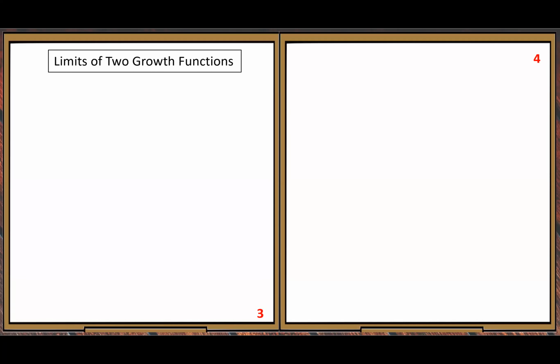First topic: limits of two growth functions. The question: how do we describe limits of two growth functions? Basically, the ratio of two growth functions. We calculate the limit when the problem size n goes to infinity.